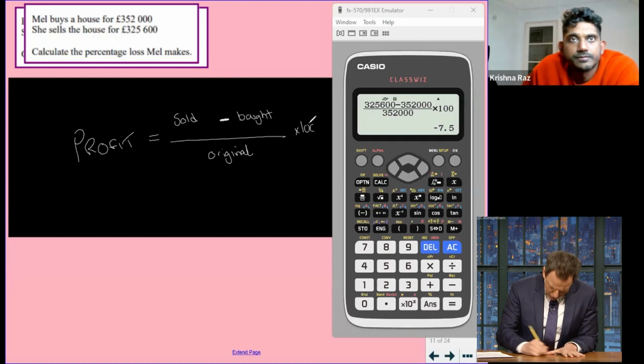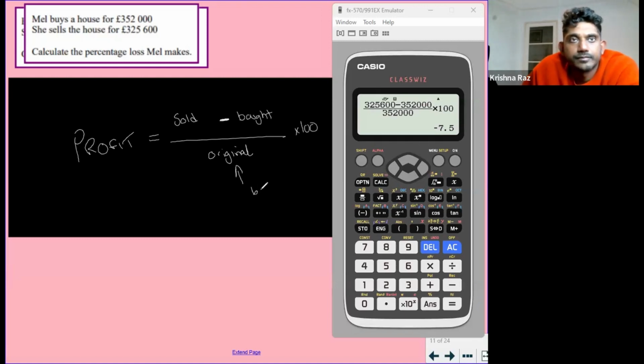Times by 100. And if you do that, you will find the profit or the loss of something.